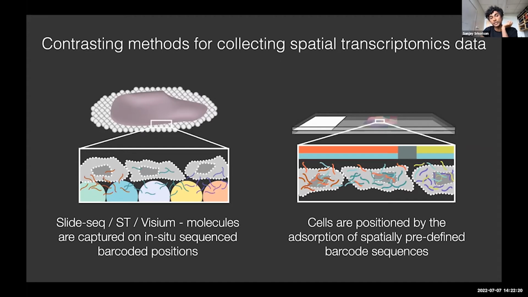So the resolution is really limited by the beads themselves. Whereas here on the right, because you're stamping these oligos onto the cells, you still have single cell resolution, but your spatial resolution is now confined by how finely you can put these spots down.